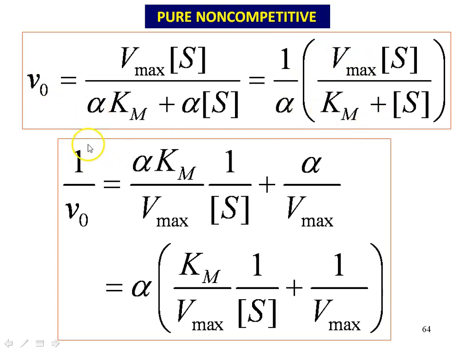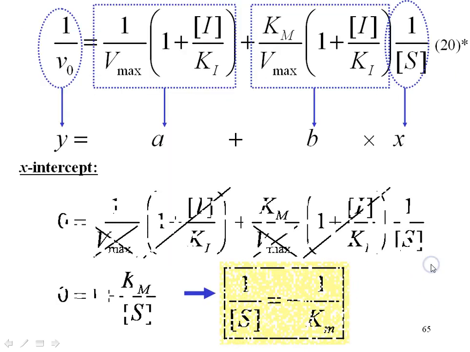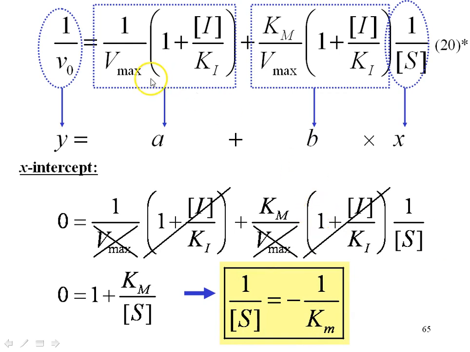If I now take the reciprocal of this, here is the double reciprocal linearized equation. It could be written as 1 over V equals alpha multiplied by Km over Vmax times 1 over the substrate concentration, plus 1 over Vmax. So this is, again, the equation of a line.